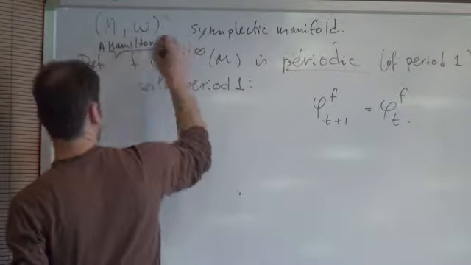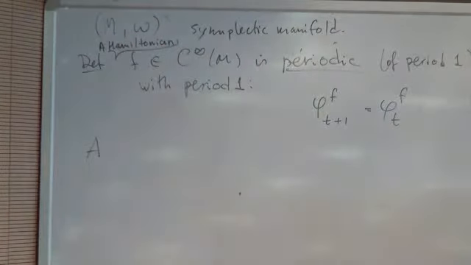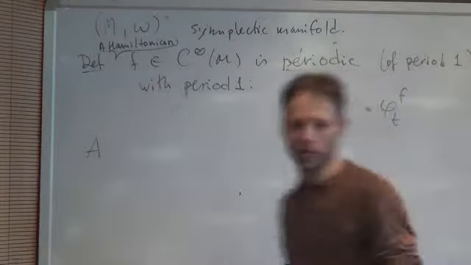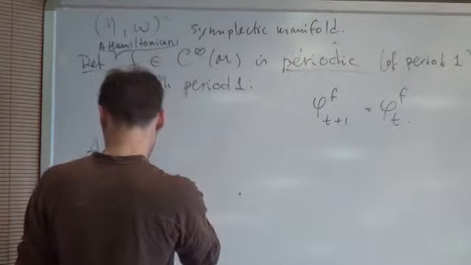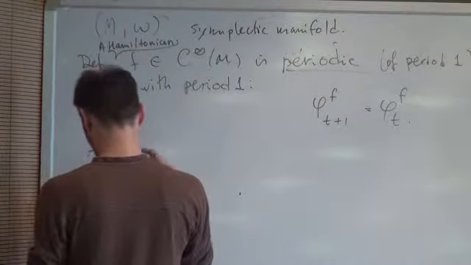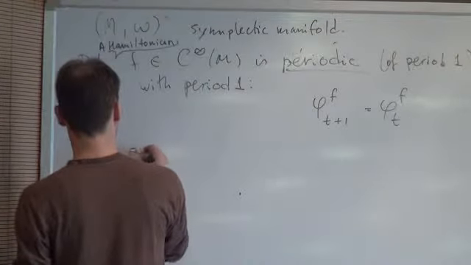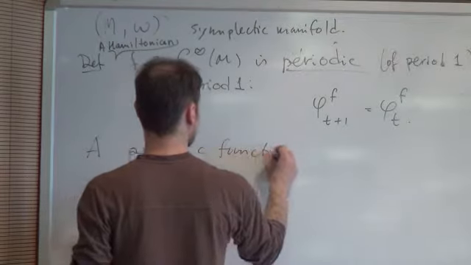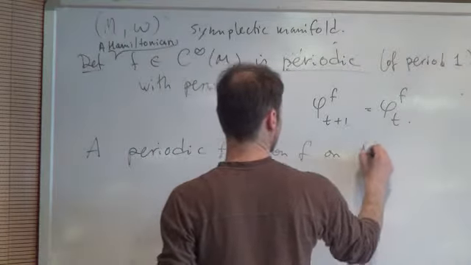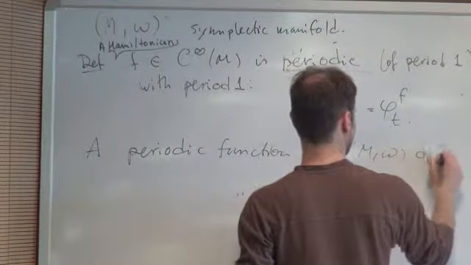And you may have noticed that in symplectic geometry, people don't want to call functions functions, they call them Hamiltonians. For no good reason. They're just functions. So a periodic function f on (M, omega) defines an action.